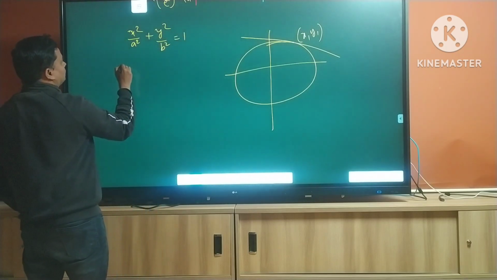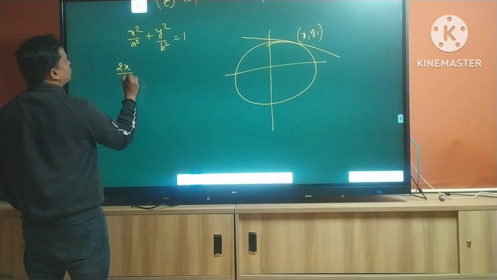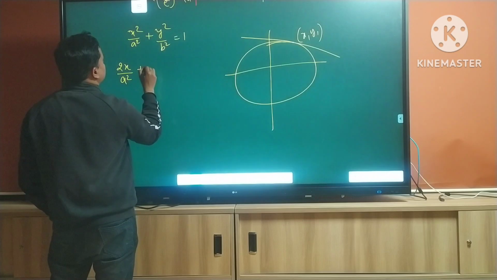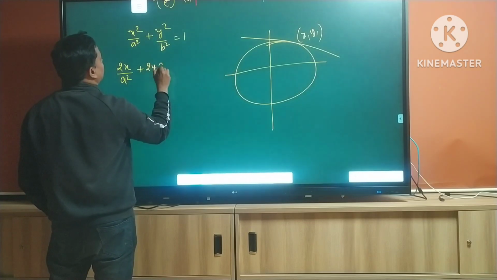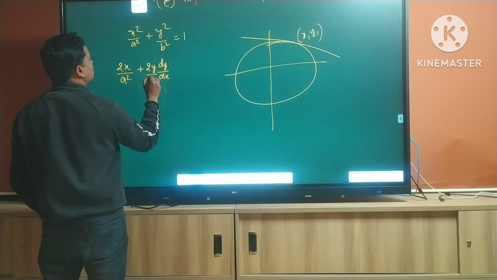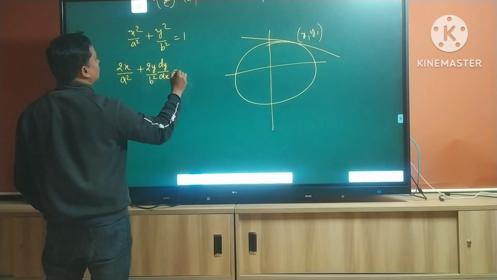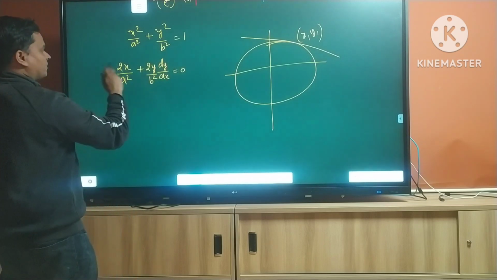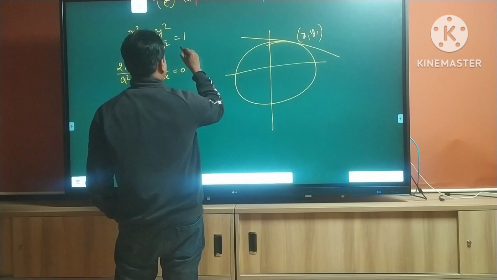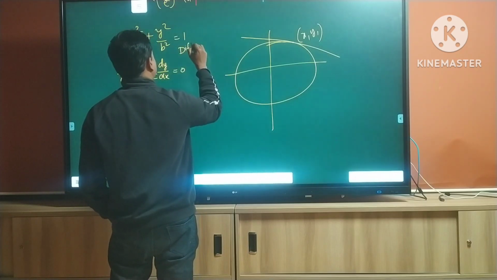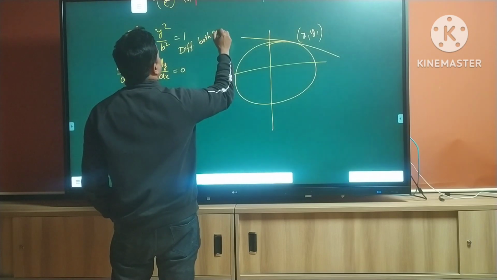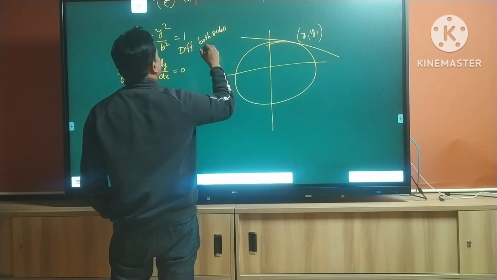So twice x upon a square, how did it come? By differentiating with respect to x, plus 2y into dy upon dx upon b square is equal to 0. What I did was differentiate both the sides with respect to x.